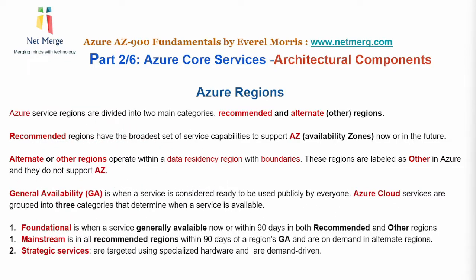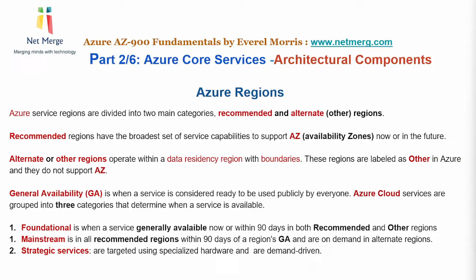That's the huge difference. Now, general availability is when a service is considered ready to be used publicly by everyone. Azure cloud services are grouped into three categories that determine when a service is available. A foundational service is generally available at the moment or within the next 90 days in both recommended and other regions.